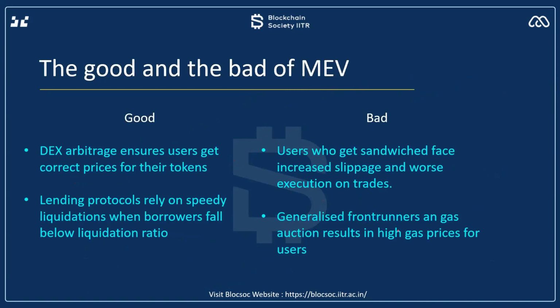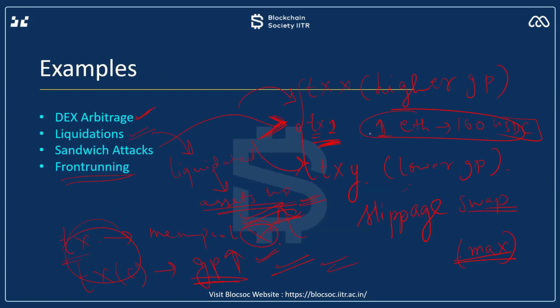Yeah, the good and bad. MEV is both good and bad in itself. The good is that DEX arbitrage ensures that tokens get correct prices. This happens constantly, and even the MEV bots are sometimes being MEV'd.